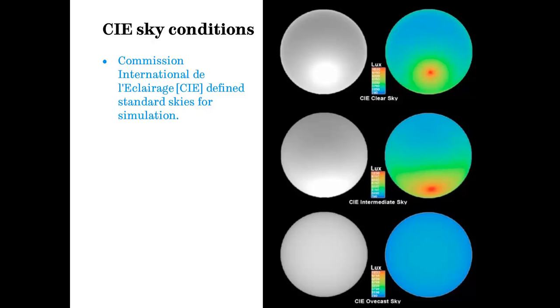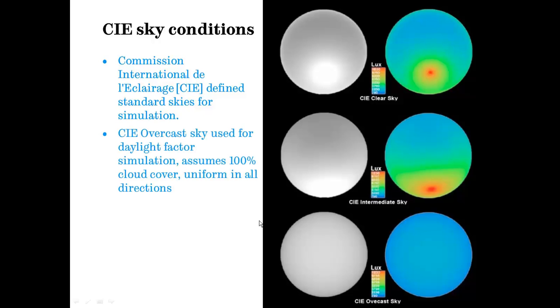And as you can see, when you look at the overcast sky at the bottom, the illuminance level is very much consistent across that sky. So it's assuming 100% cloud cover. The intermediate and the clear skies are more accurate, but also more complex.